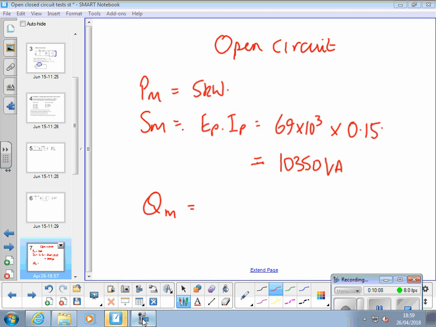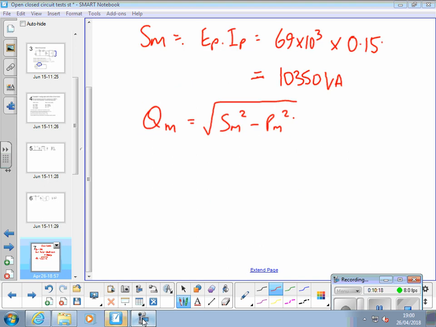QM equals root SM squared minus PM squared. That is root 10,350 squared minus 5 kilowatts, that was the reading, wasn't it, squared, equals.